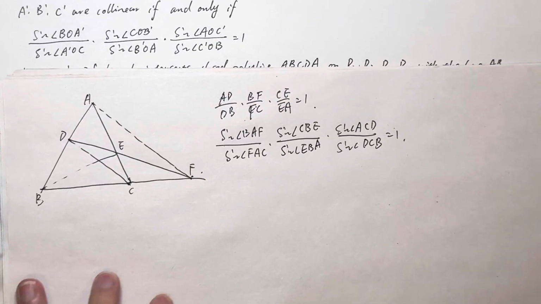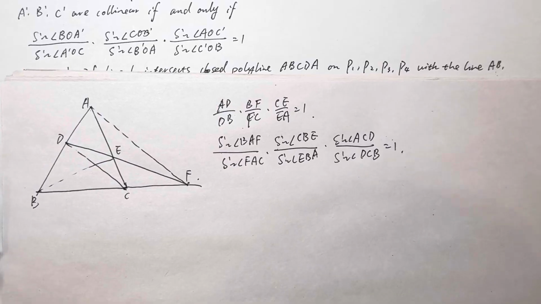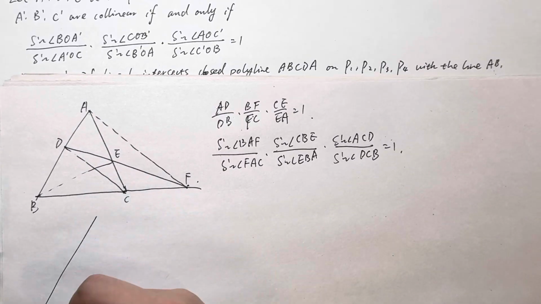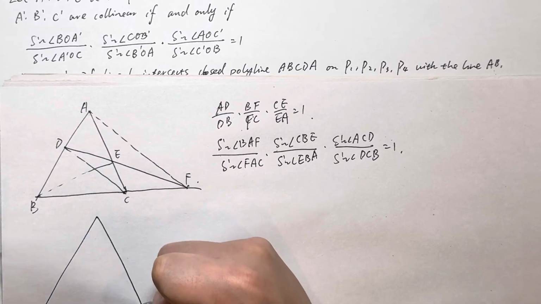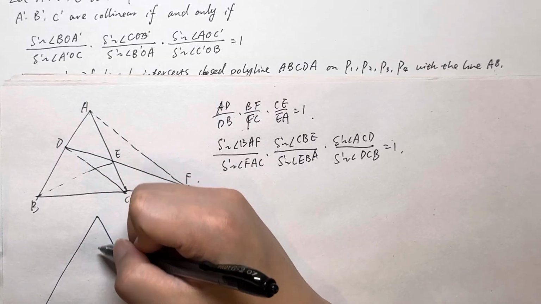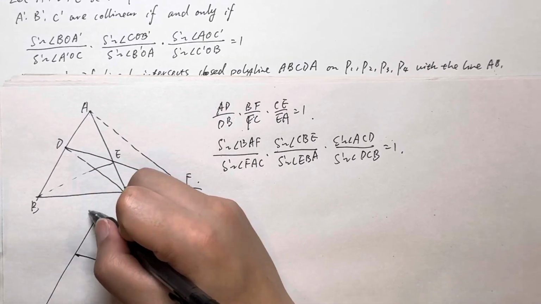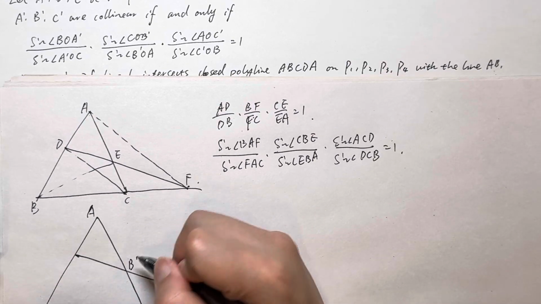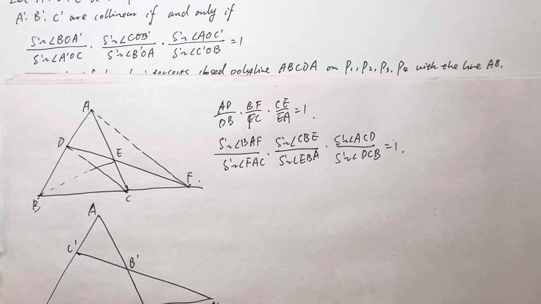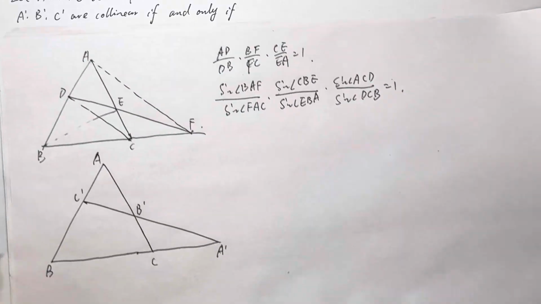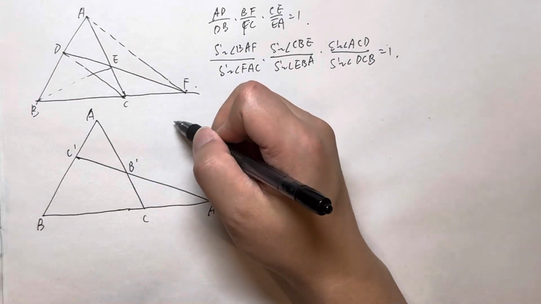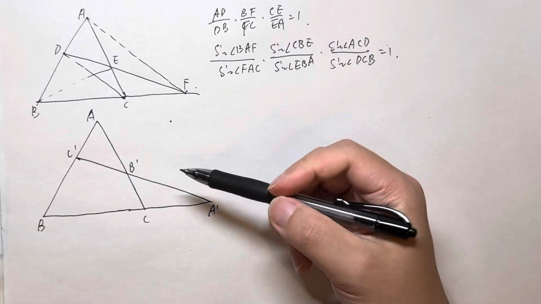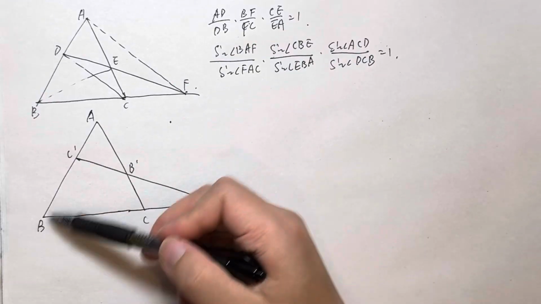So let's draw the figure. First, we have the triangle A, B, C, and this is A prime, B prime, C prime. And O is another point out of these three lines.